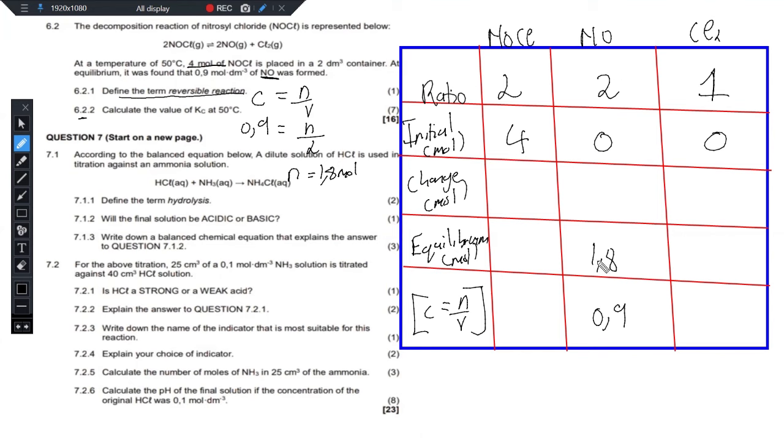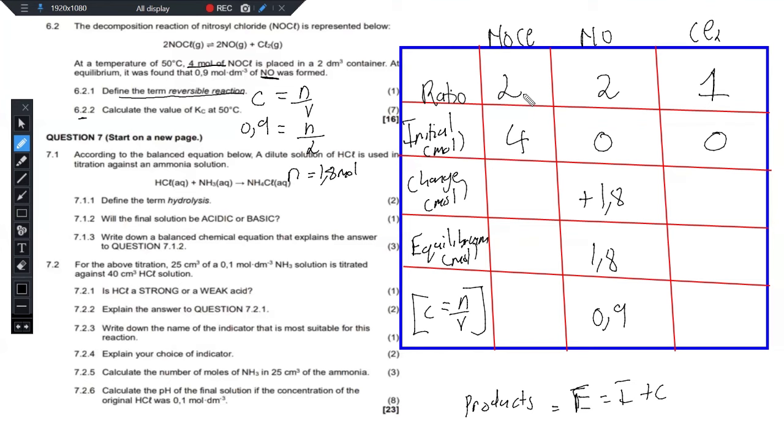For the product, if the forward reaction is favored, to find the equilibrium, it's I plus C, right? The change from 0 was 1.8. The amount produced is 1.8. Therefore, that's why we have 1.8 at equilibrium.